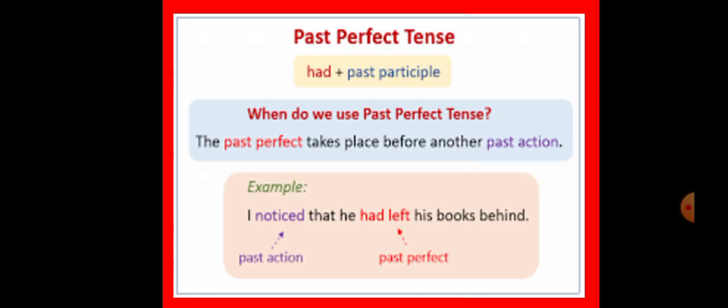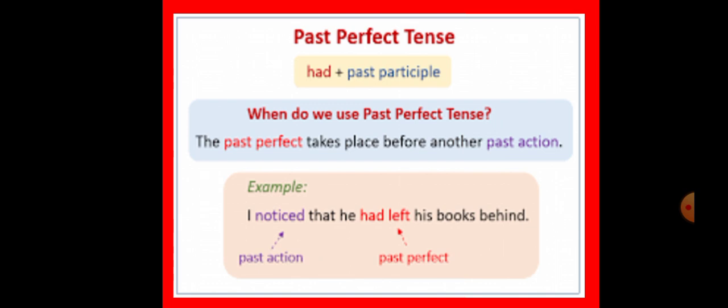See, when do we use past perfect tense? When two actions occurred in the past, we have to speak the first action in the past perfect tense. Then we have to speak the second action in the simple past tense.